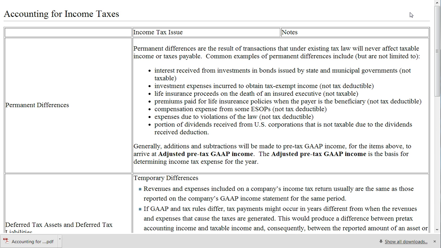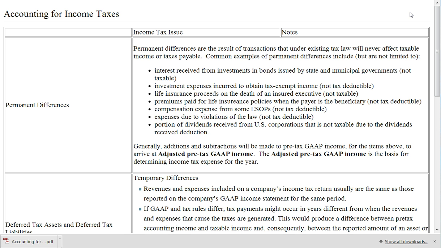The two sets of rules are designed to determine the income that's generated by entities, but the underlying objectives are different. With US GAAP, the objective is to provide information to the users of the financial statements, primarily the shareholders and other creditors and interested parties.